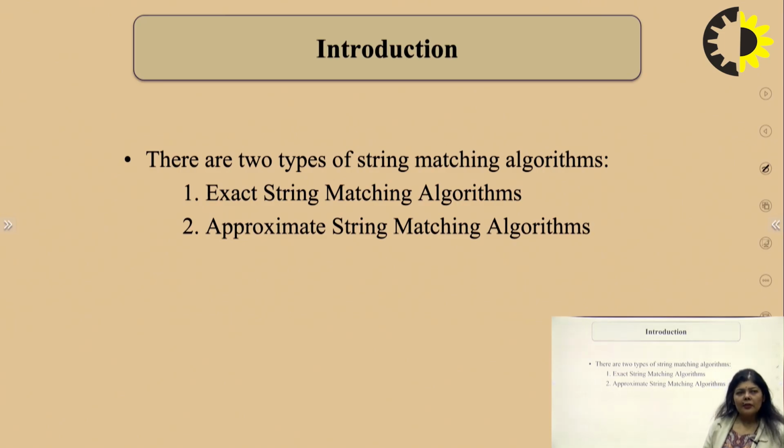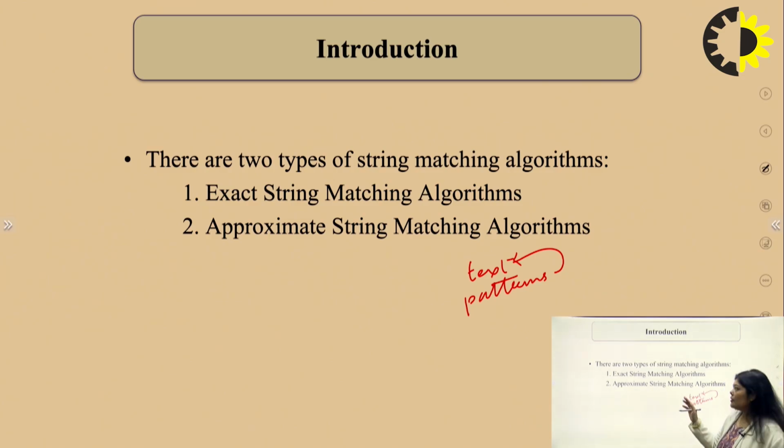So in these algorithms, the pattern and the text are given, the pattern is matched up on the text, and we are interested in finding an exact pattern occurrence in the given text or the string. If we want as a result an exact match of the pattern over the text, then the algorithm falls under the category of exact string matching algorithm.